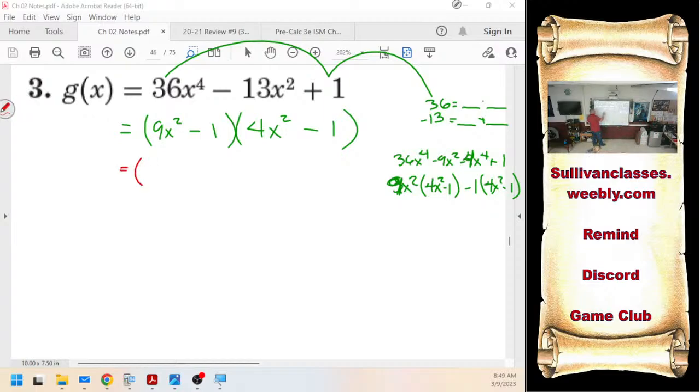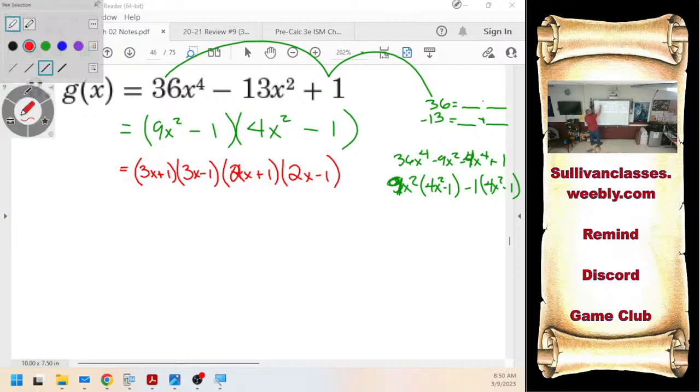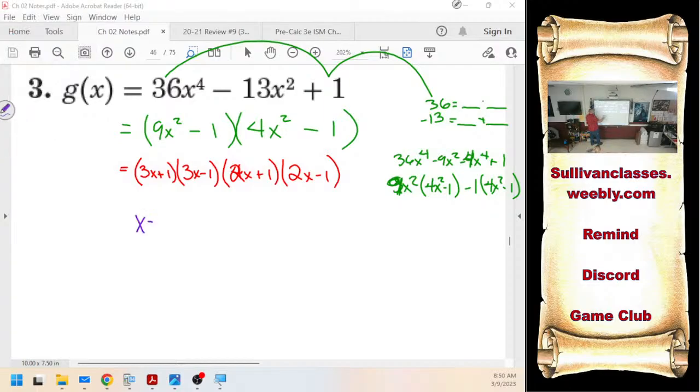So this is going to get me 3x plus 1, 3x minus 1. 4x plus 1, 2x plus 1, 2x minus 1. Okay? Which means my zeros are at plus or minus 1/3, plus or minus 1/2.